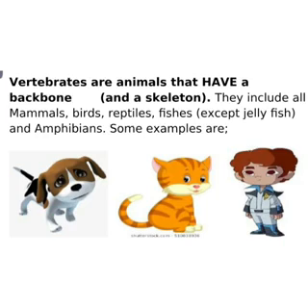Are you a vertebrate? Of course you are. You have a backbone and you have a skeleton inside your body. Vertebrates include mammals, birds, reptiles, fishes, except the jellyfish, and amphibians. Some examples are that cute little puppy dog, kitten, and human beings.